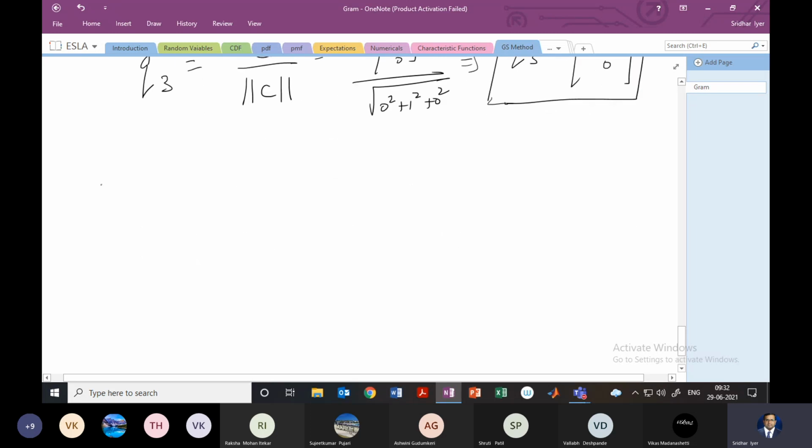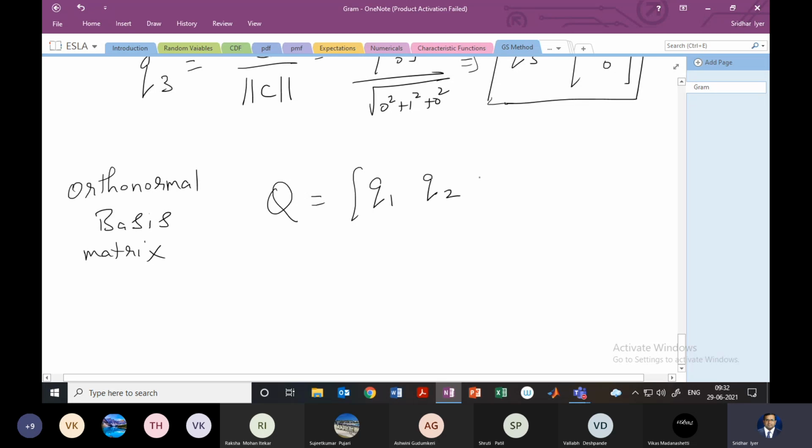And the original question is we need to find Q. So Q is nothing but the orthonormal basis, or in specific orthonormal basis matrix, right? And this Q is written in the form of Q1, Q2, Q3, right?